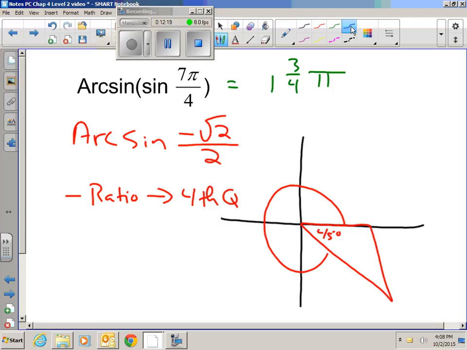My output of angles goes from negative 90 to 90, so I'm going to open the angle that way, which is negative 45, which in radians is negative pi over 4. So this answer is equal to not 1 3/4 pi or 7/4 pi, but negative pi over 4.